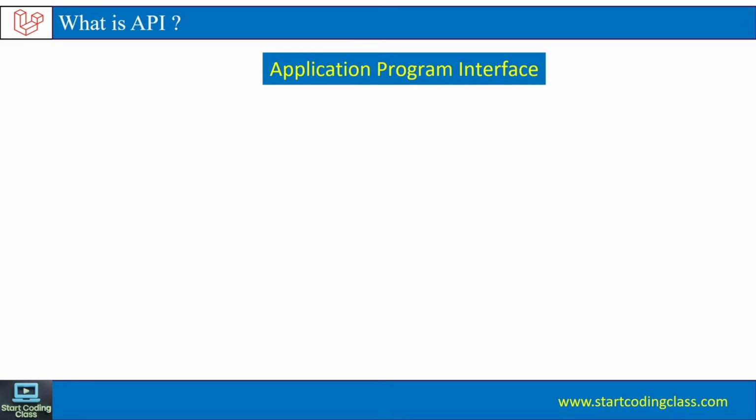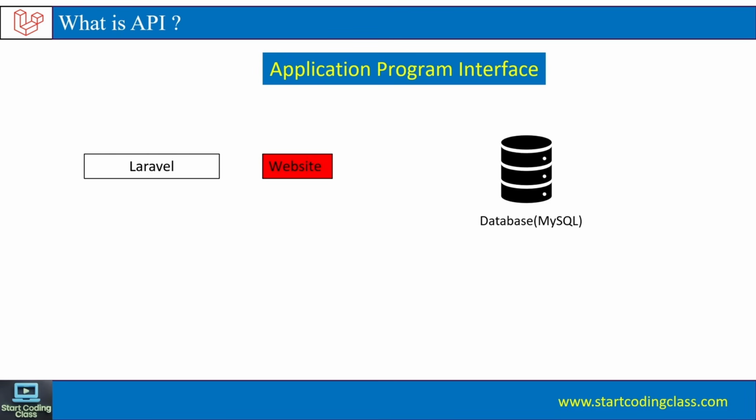API full form is Application Programming Interface. So it's just like a bridge between our website and our database. So suppose you have a Laravel website and you have a database, maybe MySQL, MongoDB, PostgreSQL, any type of database.